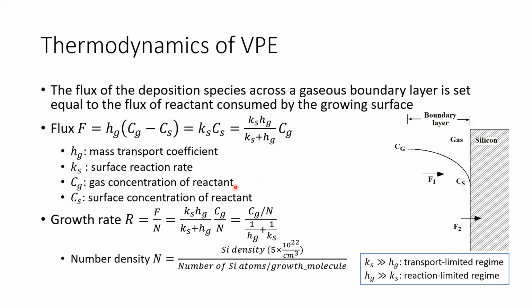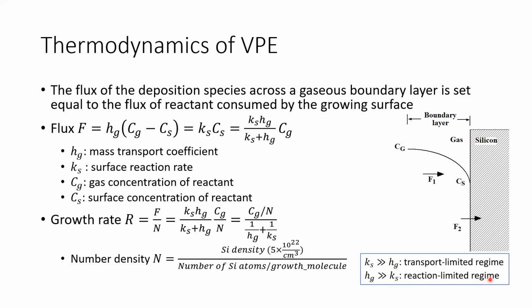Actually, we mentioned this analysis when we talked about APCVD. When Ks is much greater than Hg, it's the transport limited regime. And when Hg is much greater than Ks, it's the reaction limited regime.